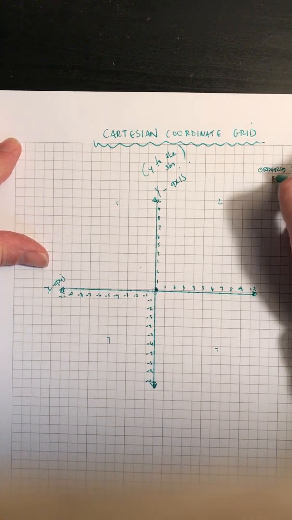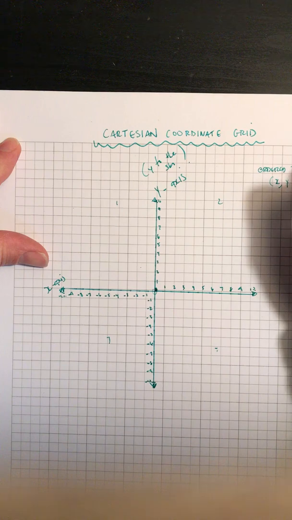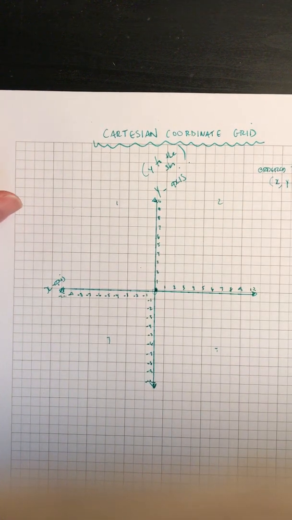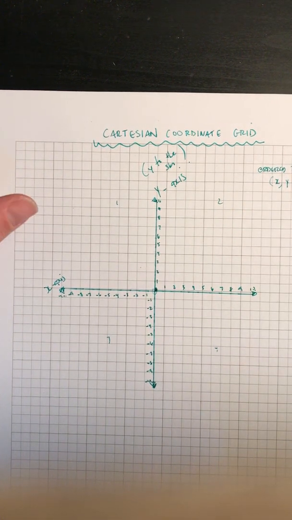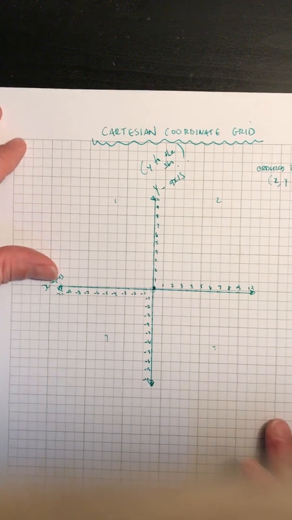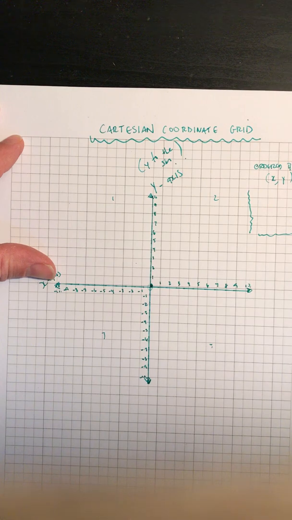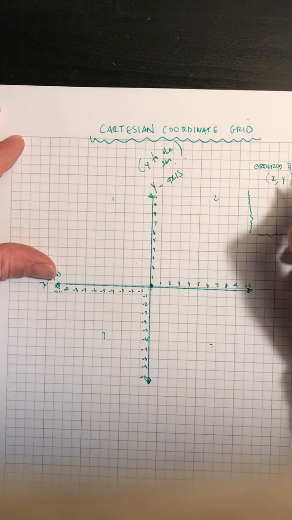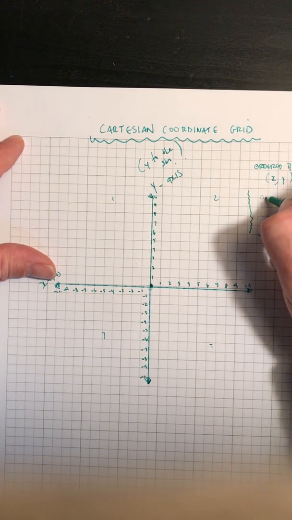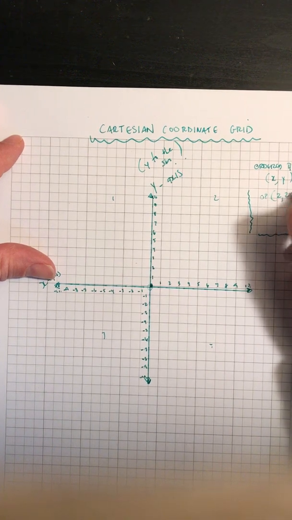So an ordered pair, x and y-axis. Let's start off with an ordered pair. Let's say our ordered pair, OP, would be 2 and 2.